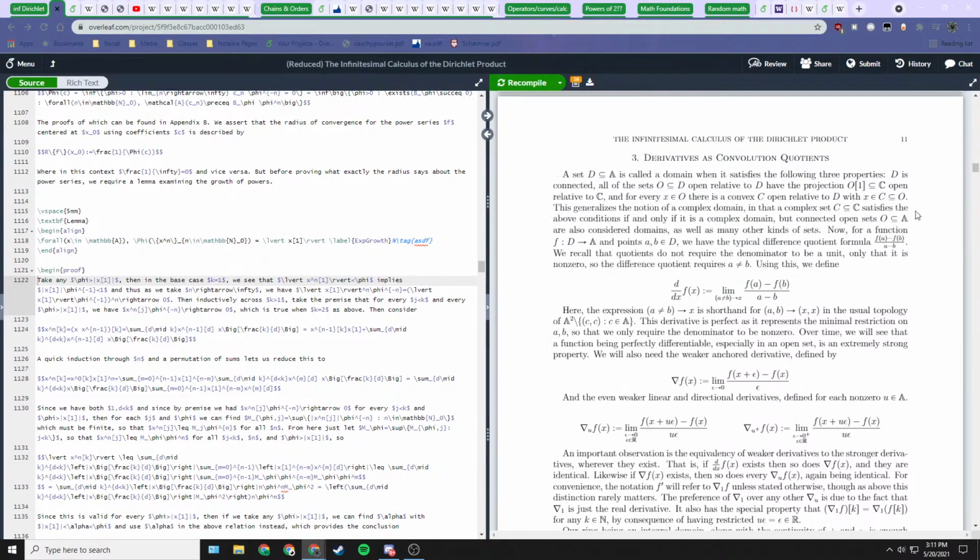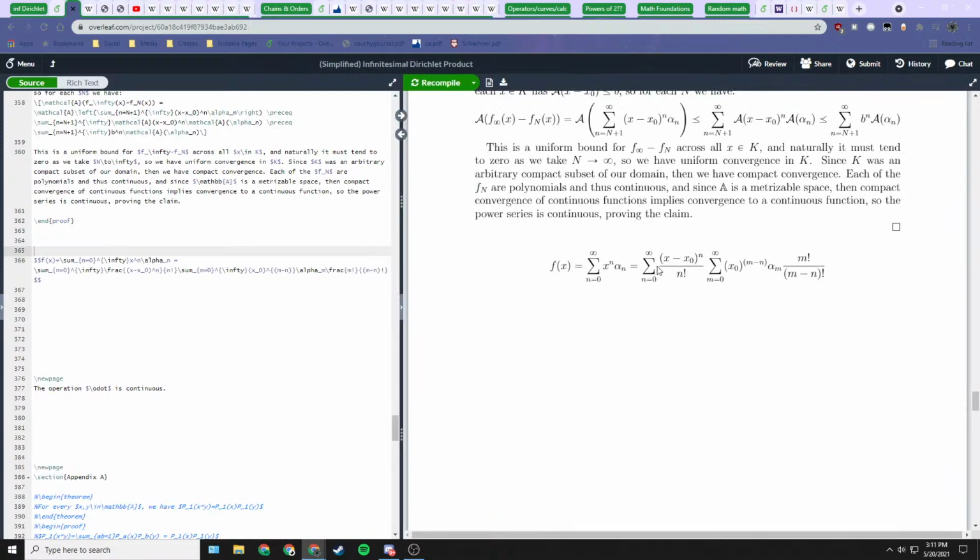The question that I want to ask is, I know in advance that this big mess, this equality, is going to be true. In real or complex numbers, this is always the case. If you explicitly write out what you have when you have some power series, in real and complex numbers, every power series is analytic.